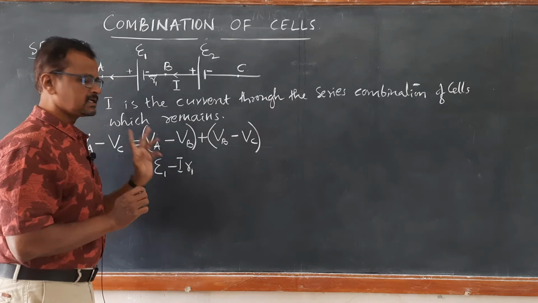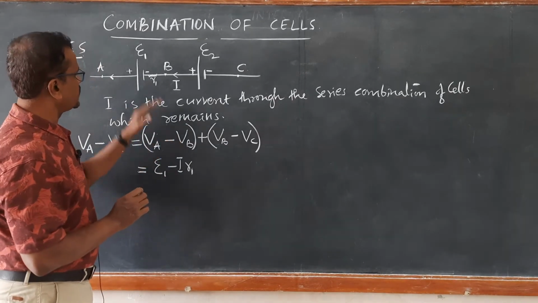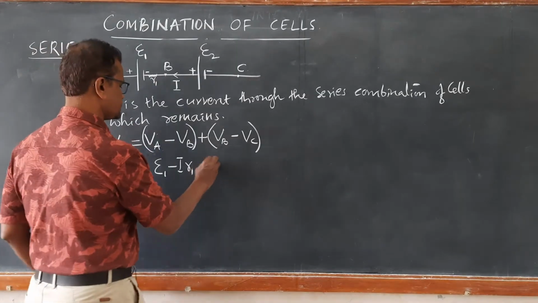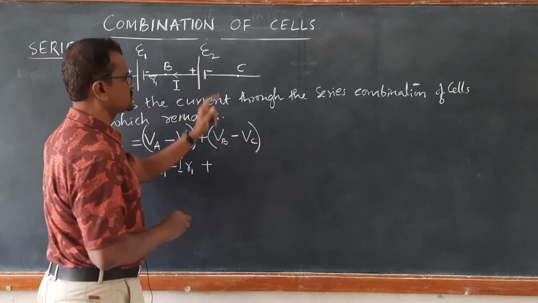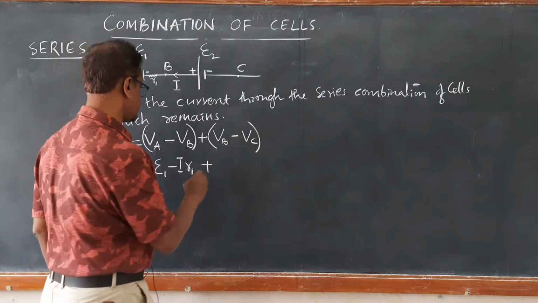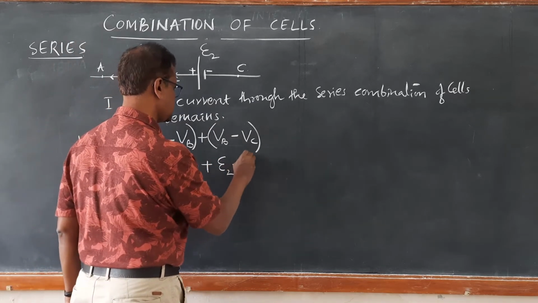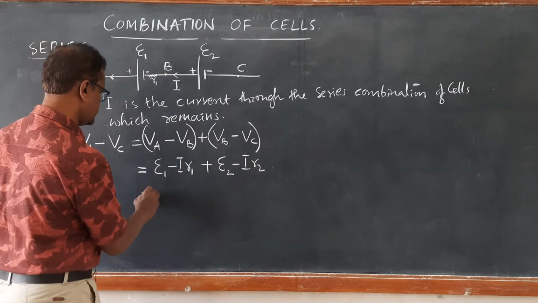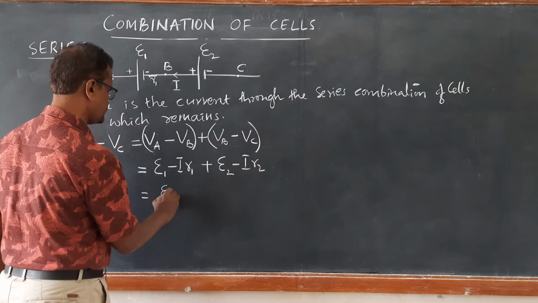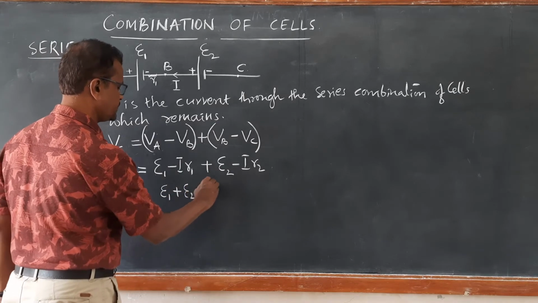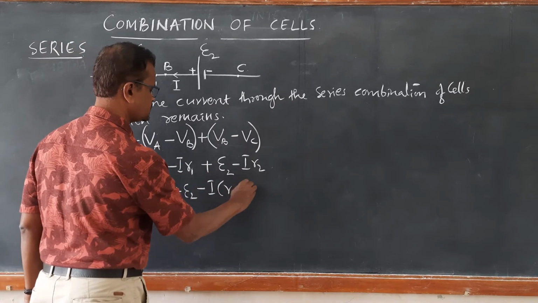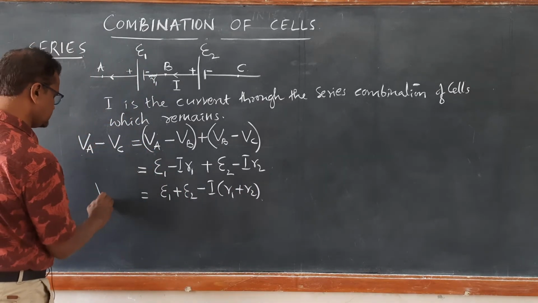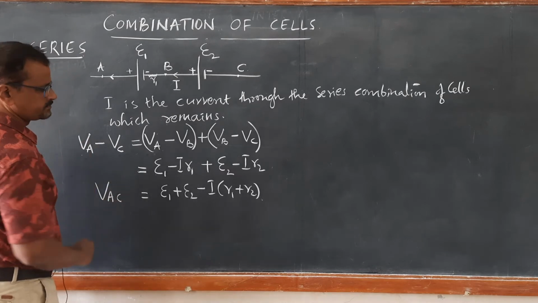So E1 minus IR1 is the terminal potential difference across cell E1, plus what is the terminal potential difference across cell E2? In the same way, E2 minus IR2. Now, this can be written as E1 plus E2 minus I into bracket R1 plus R2. So, this becomes VA minus VC, that is VAC.